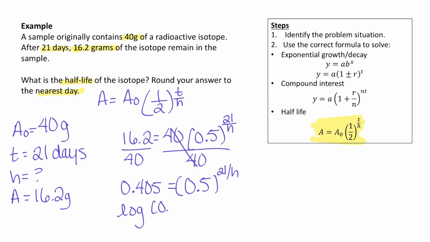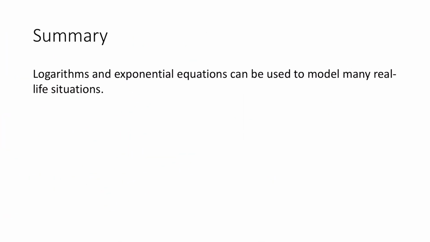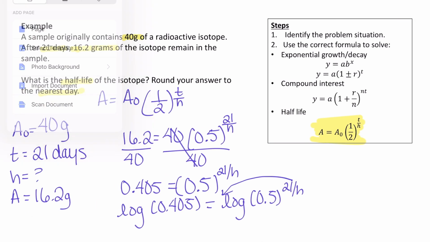So we have the log of 0.405 equals the log of 0.5 to the 21 over h. So I can use the power property to bring this down in front. So I have the log of 0.405 equals, and then I have 21 over h log of 0.5.